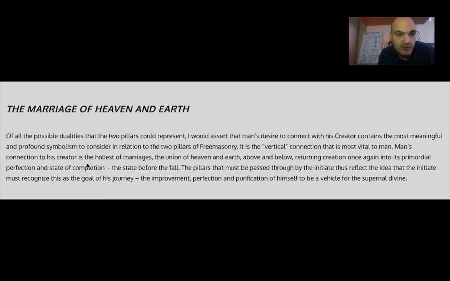Man's connection to his creator is the holiest of marriages, the union of heaven and earth, above and below, returning creation once again into its primordial perfection and state of completion, the state before the fall. The pillars that must be passed through by the initiate thus reflect the idea that the initiate must recognize this goal of his journey, the improvement, the perfection, and purification of himself, to be a vehicle for the supernal divine.